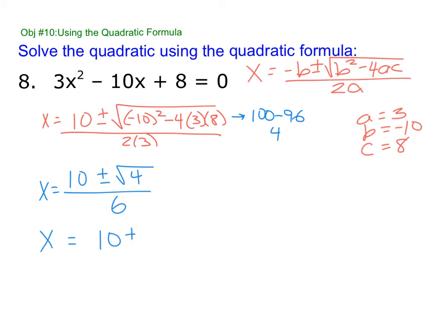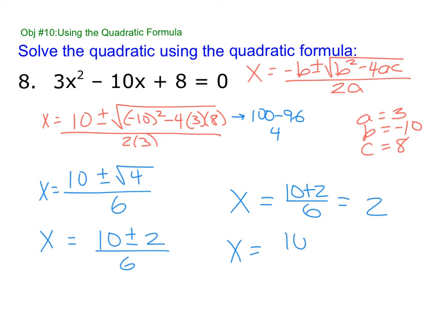So 10 plus or minus 2 all over 6. So that gives me 10 plus 2 over 6, which is 2. And 10 minus 2 all over 6, which is 8 over 6, which is 4 over 3. And those are my two answers. x equals 2, x equals 4 over 3.